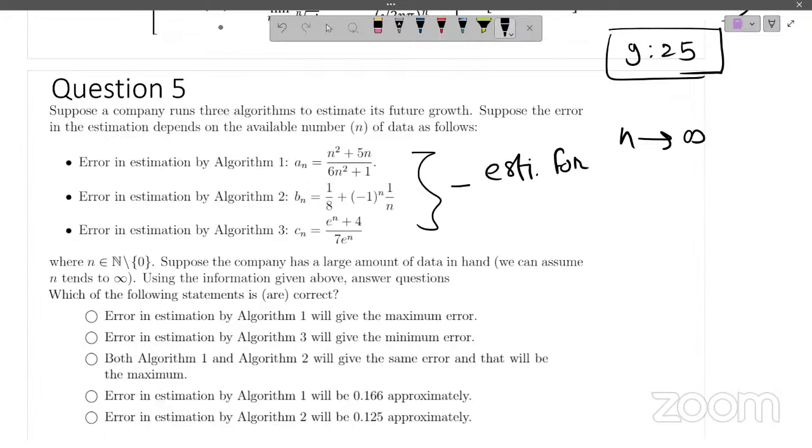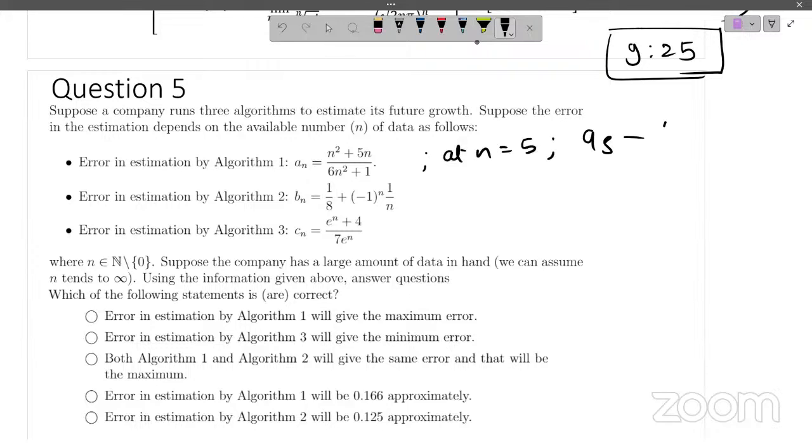Using the information given above, answer which of the following statements are correct. The first option says that the error in the estimation by algorithm 1 will give the maximum error. So we just need to find the limit as n goes to infinity of the sequences an, bn and cn, because at n equal to 5, a5 will estimate the error.